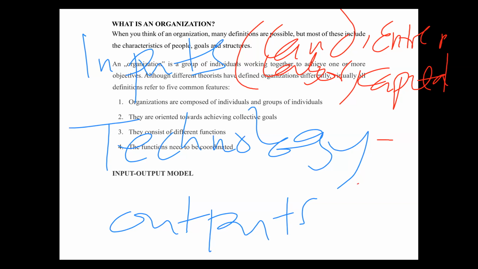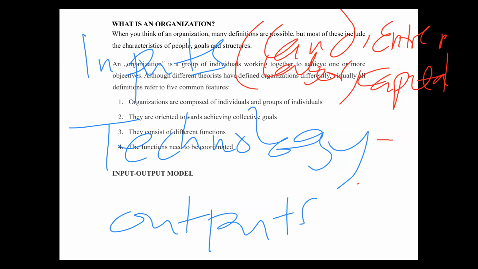Okay. All right. So by technology, we refer to the methods, the techniques that we use to convert the inputs into the desired outputs. Is that clear? When we ask people about technology, they will just say phone, computer. But the word technology is so broad.